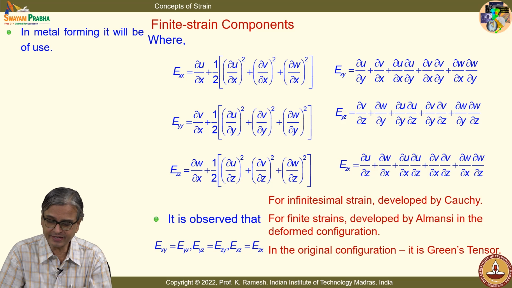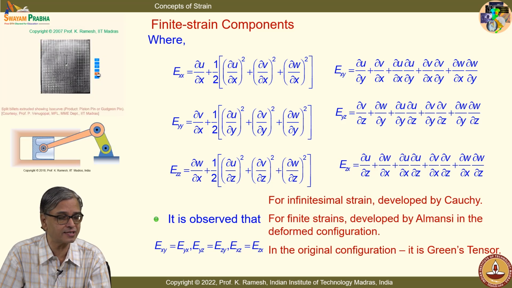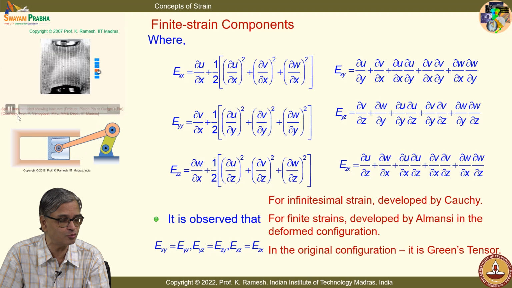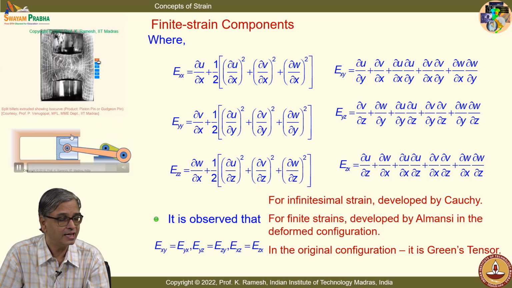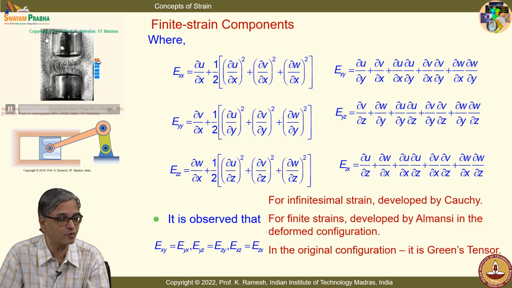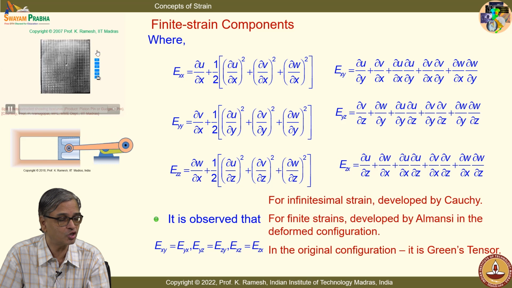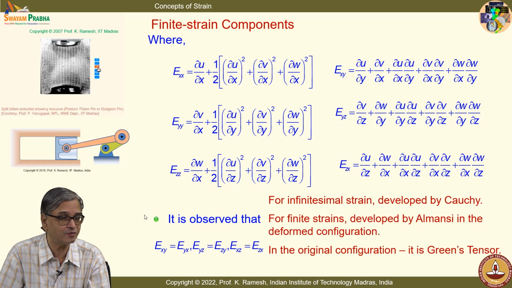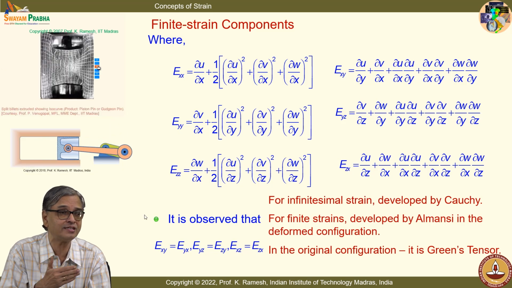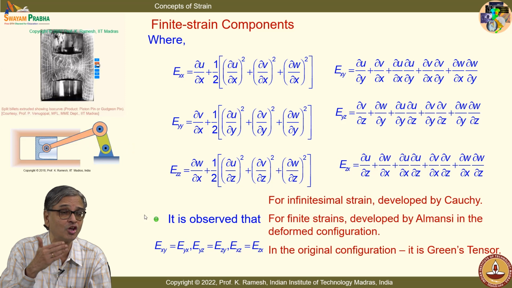I said that this is used in the case of IC engine. This is the pin where initially you have drawn square lines, horizontal and vertical forming a square, and when you deform, you could see very clearly with your naked eye the deformed lines. So, these are all very high strains.